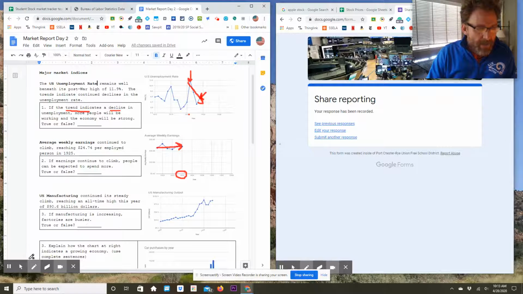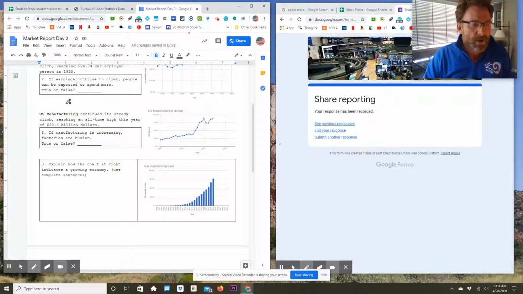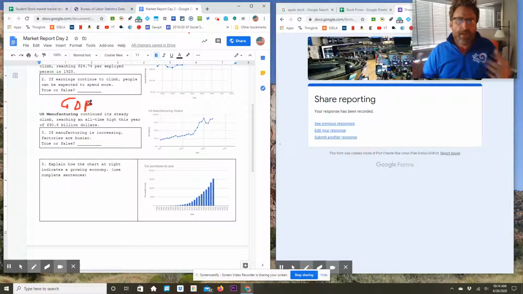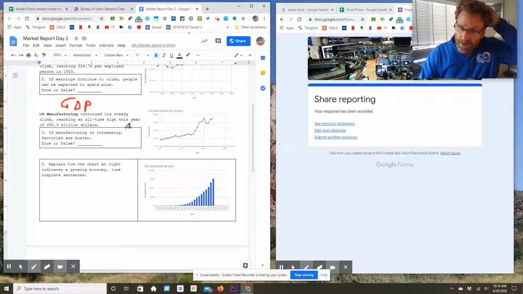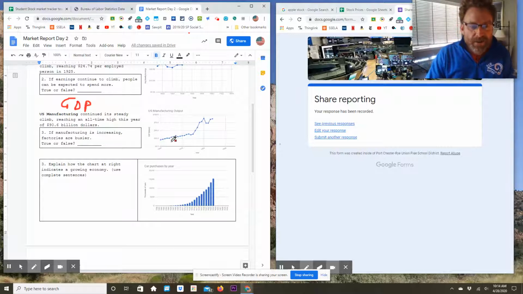Finally, you have manufacturing. Manufacturing is what's also called something we call GDP, the gross domestic product. That's what the people make in America, whatever they're making. Anything that's produced in America is tracked in this manufacturing output. So here, back in the 1920s, we're going to make the assumption manufacturing is happening in factories.